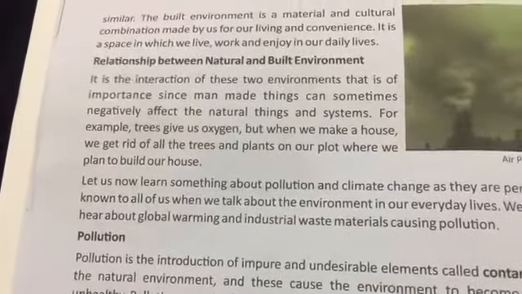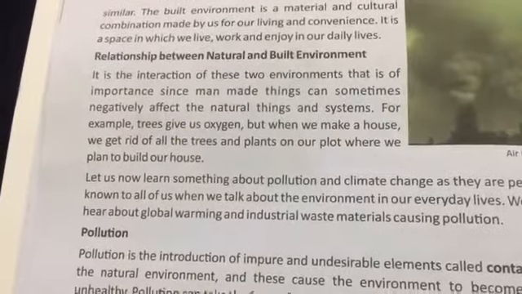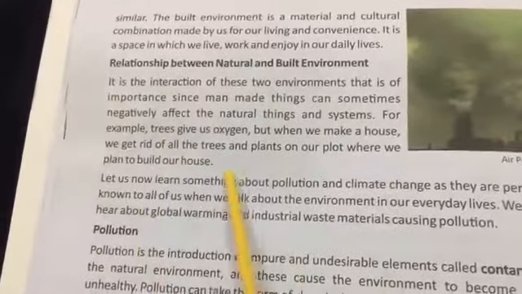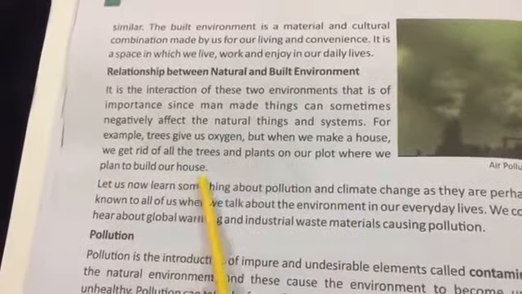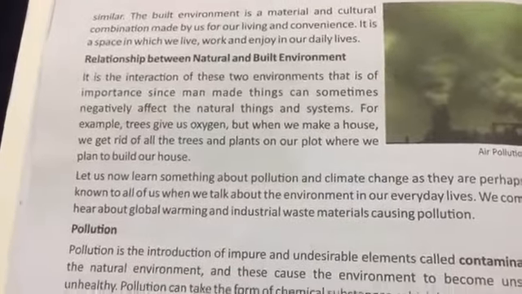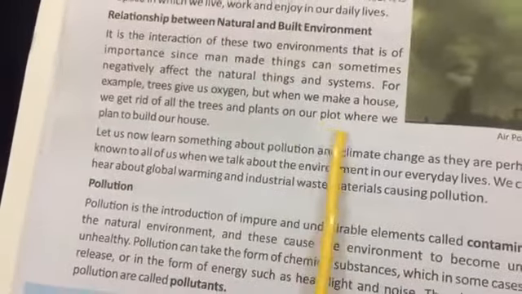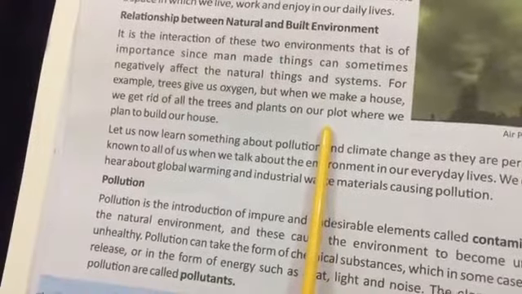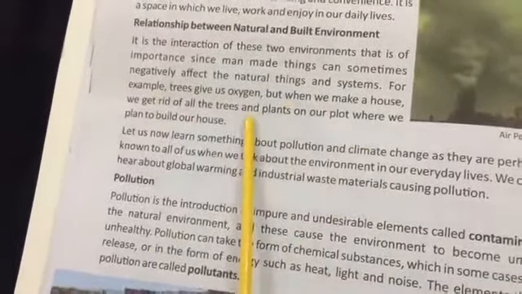For example, trees give us oxygen, right? Trees are the greatest source of oxygen, but when we want to make a house, we get rid of the trees and plants on our plot where we plan to build our house. If we own an area, we take a plot, and on that plot we have trees and plants, but when we want to make a house or a building on that plot, we cut down the trees and plants.